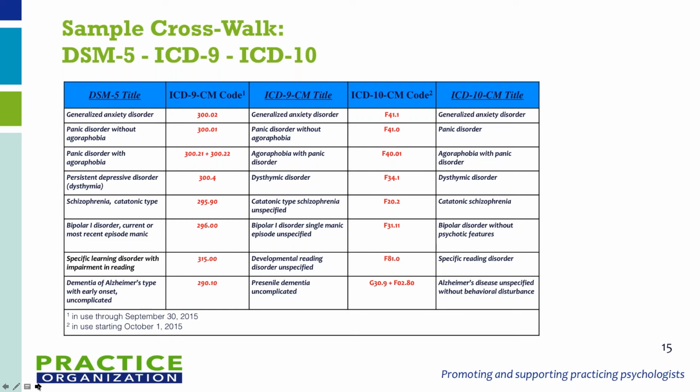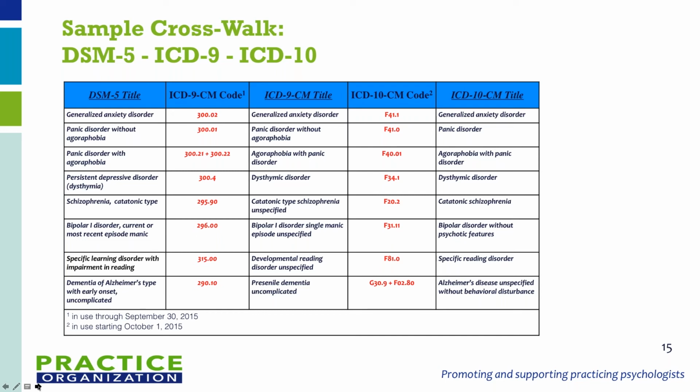All right. One of the things that people ask me is, how does the DSM compare with ICD-9 and ICD-10? Here's a generic slide that provides some idea of how it works. Some things are pretty straightforward, like generalized anxiety disorder, and others, like dementia of the Alzheimer's type 290.10, now become a bit more complicated with a G30 code as well as an F code.